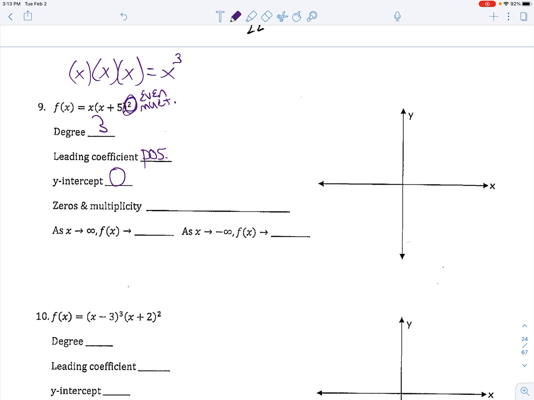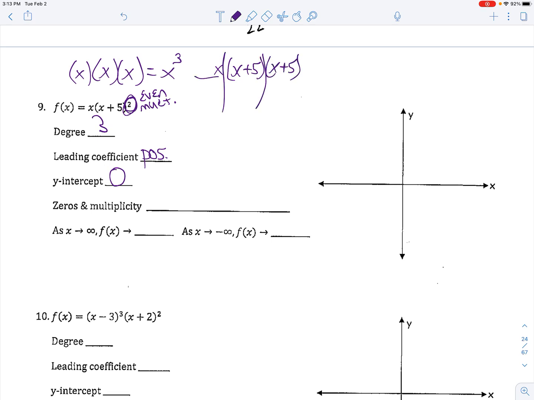It's going to intersect the y-axis there. It has a y value of 0. So where on the y-axis do you have a y value of 0? 0, 0, the origin. Which means 0 is going to be a root as well.